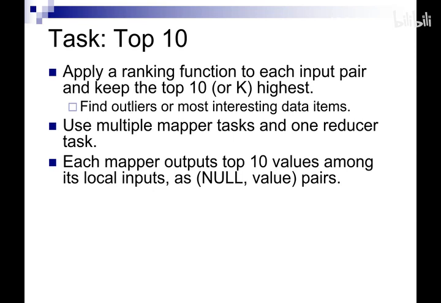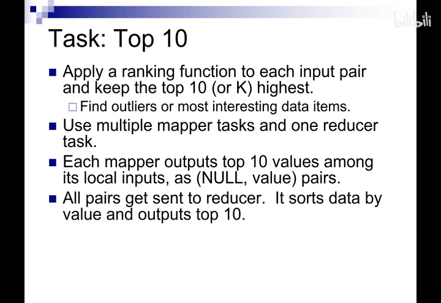So if it gets 1,000 pairs, it's going to take the top 10 of those, and for each of the top 10 values that it decides to keep, it's going to output a null key. So it's just a null key, and then the value that it wants to keep. Then all of the values are associated with this null key.